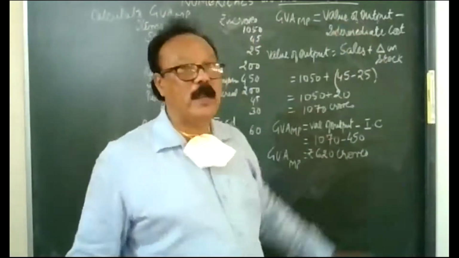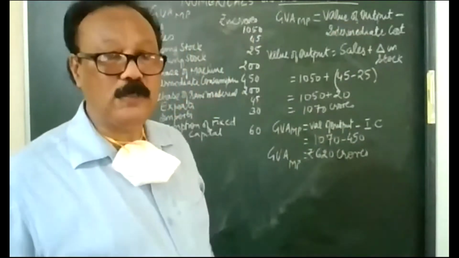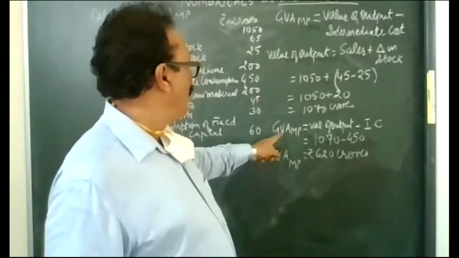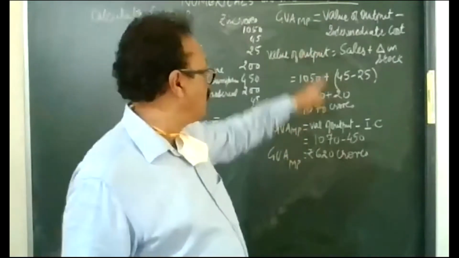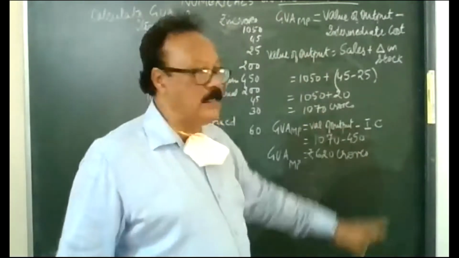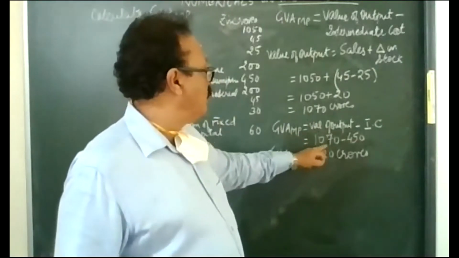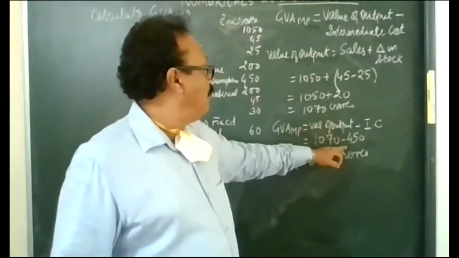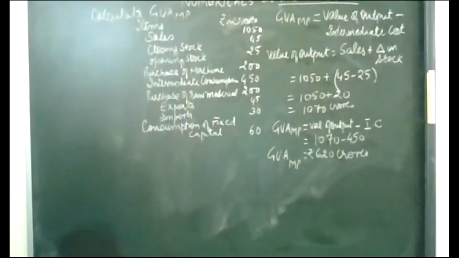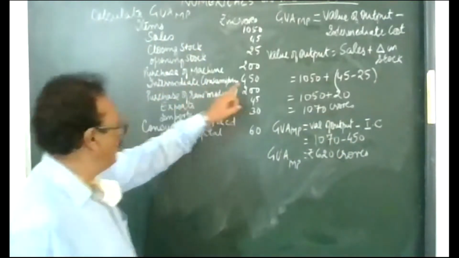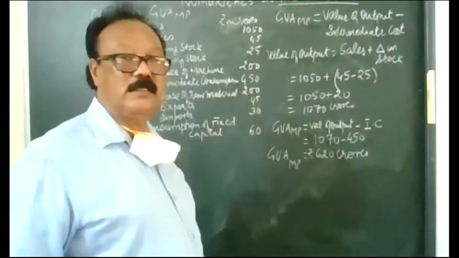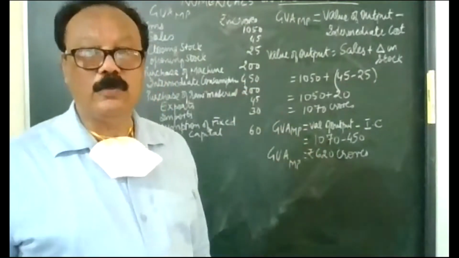I will substitute this value in the formula. Gross value added at market price is value of output minus intermediate consumption. Value of output we have 1070 minus intermediate consumption given over here, 450, that is 620 crores.